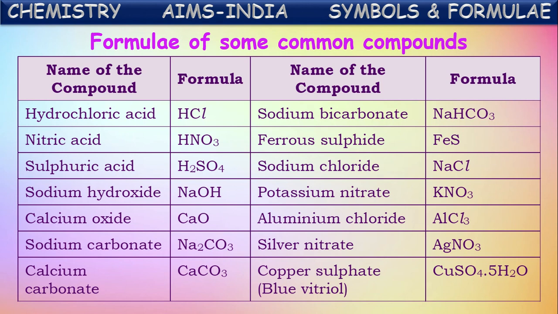Observe the formulae of the common compounds given here. Sodium chloride, which we use regularly, NaCl. These are certain compounds with their chemical formulae. Have you seen this? Let us go to the next.